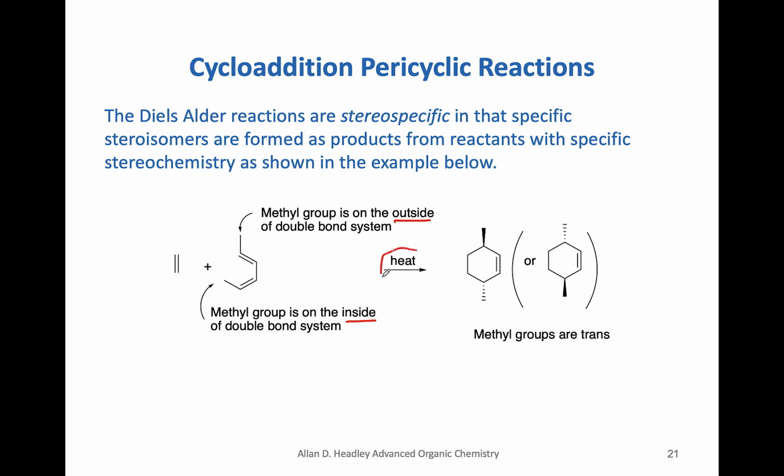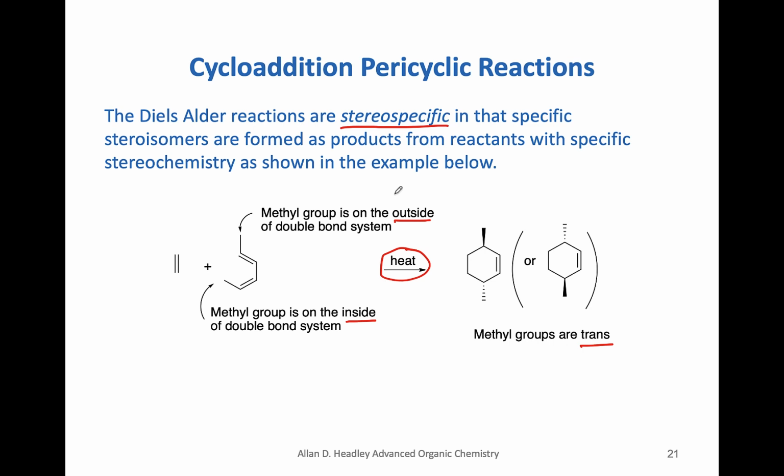Hence, in the presence of heat, we have a 4 plus 2, or a Diels-Alder reaction. And notice now that the methyl groups are on opposite sides in the product, trans, because they are on opposite sides of the conjugated system in the reactant, again making for a stereospecific reaction.